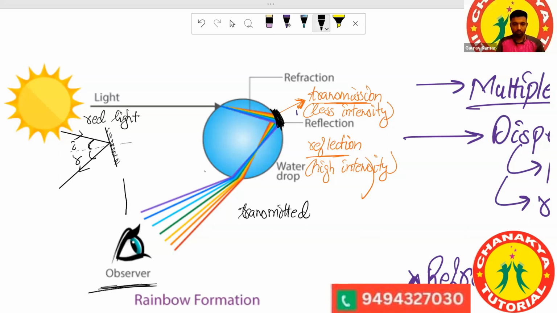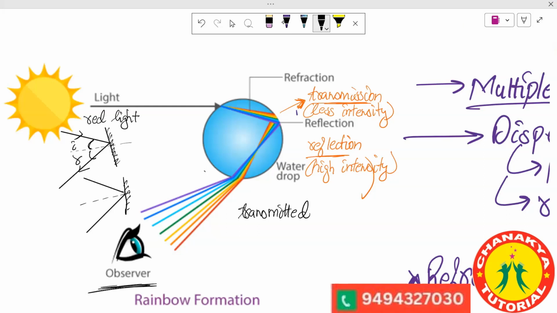So I make again one mirror, and this violet line is incident on it like this. Can you tell me from this diagram which light has the greater angle of incidence and which has the lower angle of incidence? Lowest is red and highest is violet. Yes, sir.